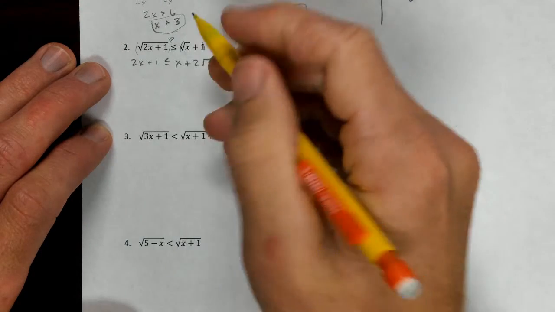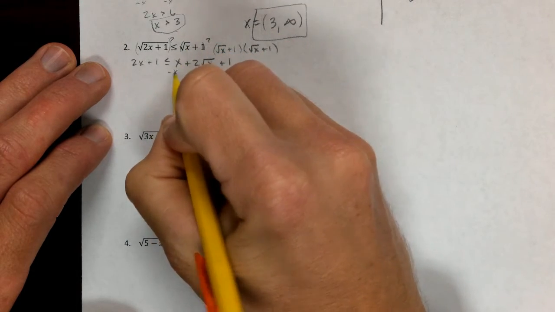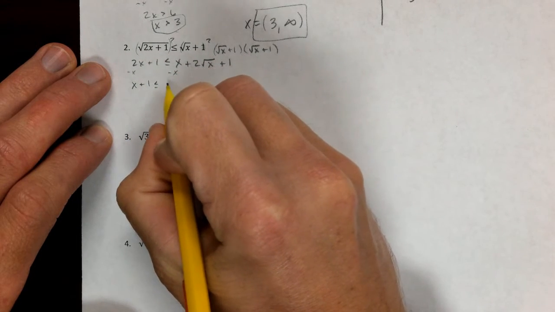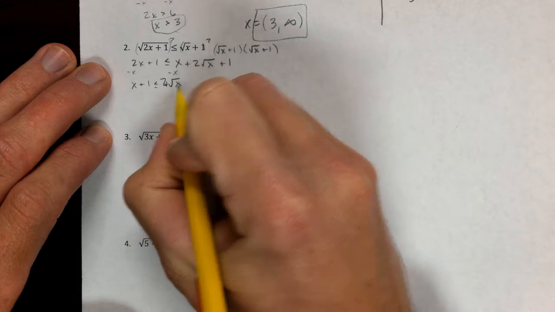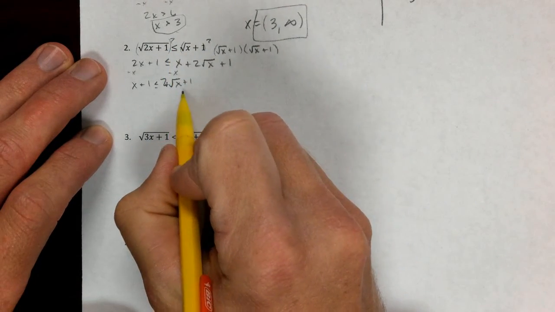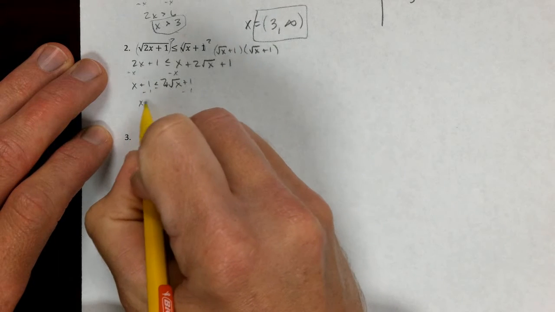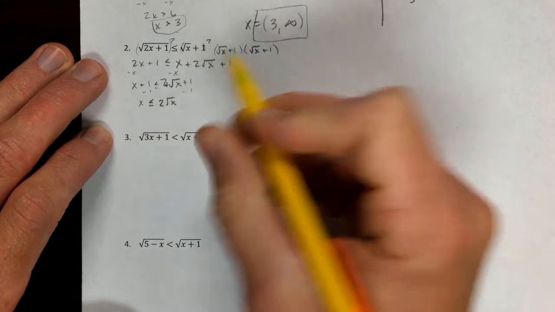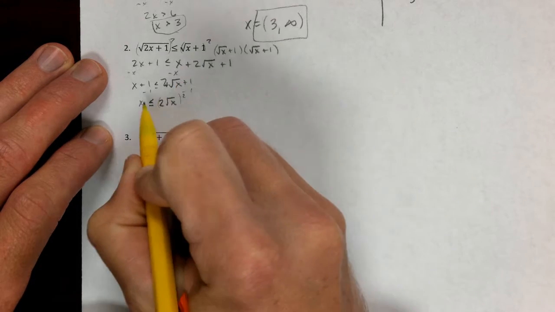Alright, now again we're solving for x, so I need to get the x's on the same side, so let's subtract x here. We get x plus 1 is greater than or equal to 2 square roots of x plus 1. Alright, now we're going to subtract our 1 here. x is less than or equal to 2 square roots of x. Now let's get rid of our square roots, so we need to square both sides.